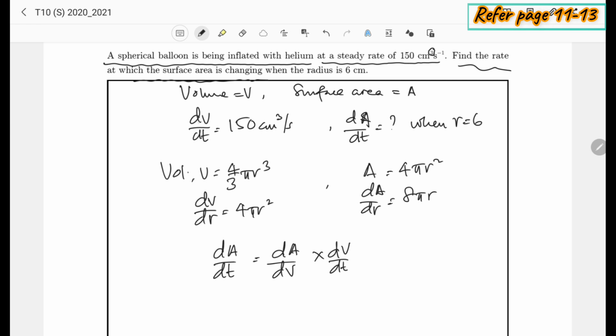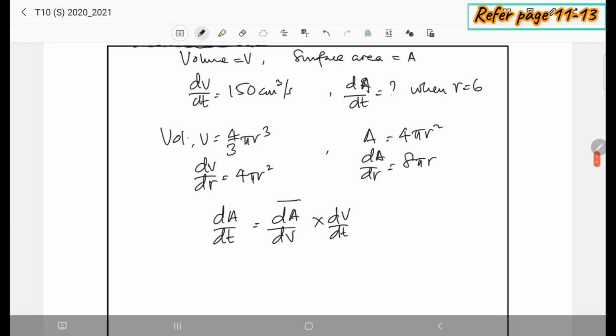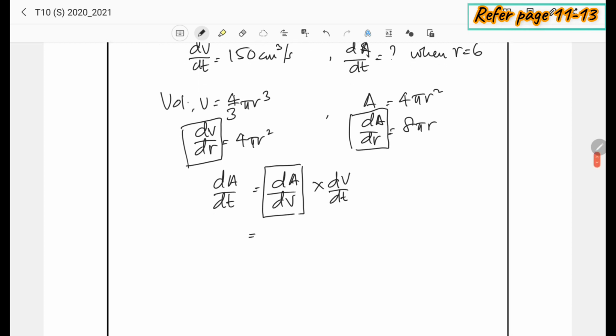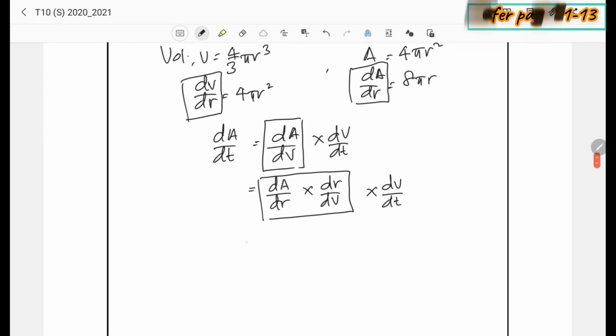We need to use what's given. We are given dV/dt, but we don't have dA/dV yet. But we can use dV/dr and dA/dr. So dA/dV will be dA/dr times dr/dV, times dV/dt.